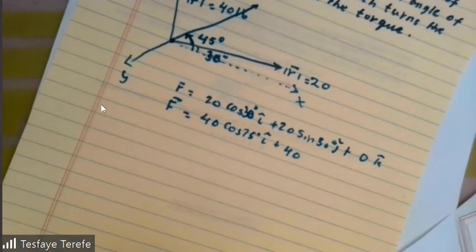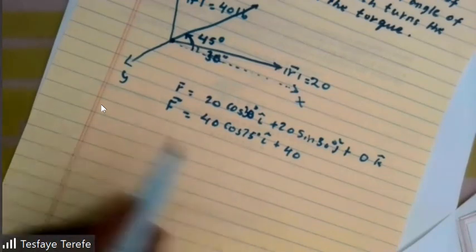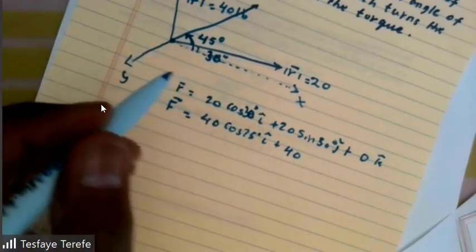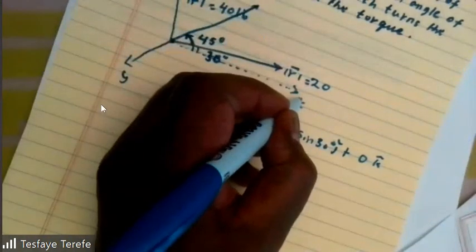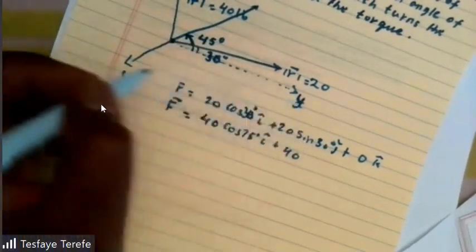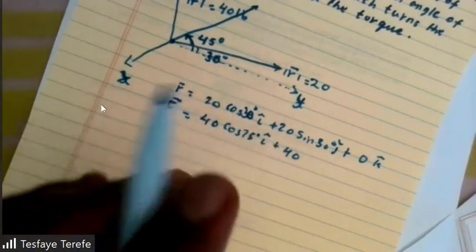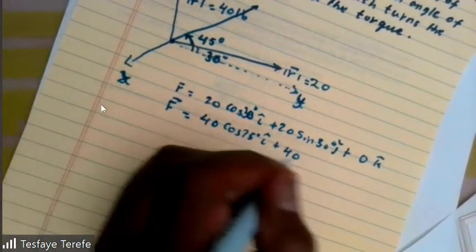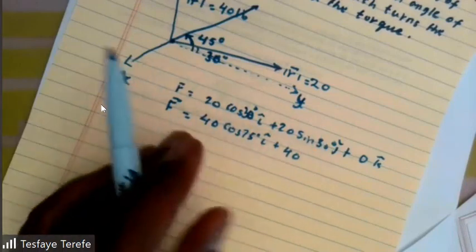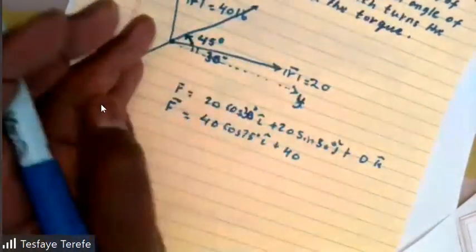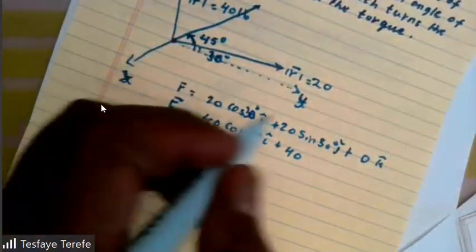Why? Based on how you labeled the axes. Yeah, okay, you're right. Actually, let me make this one y and this one x. That's fine, but based on that, I mixed it up. You're right. But for simplicity, assume that I draw it on this side. Okay, all right, hold on.